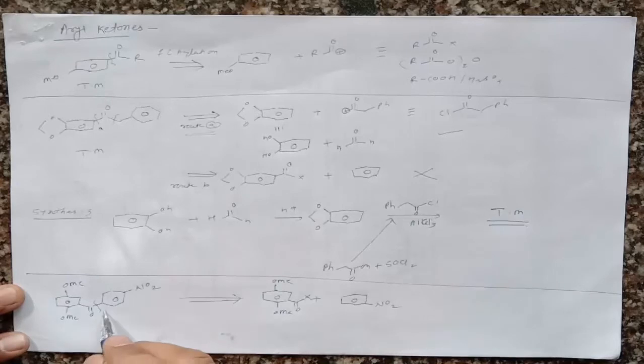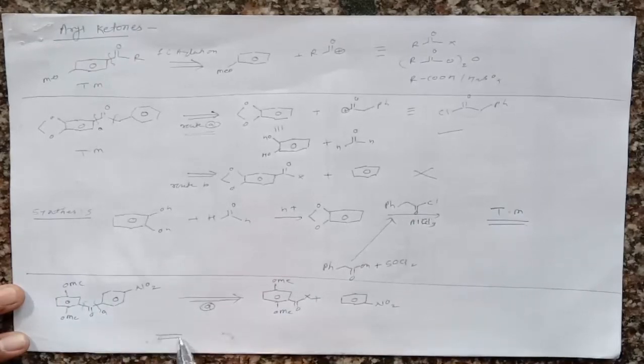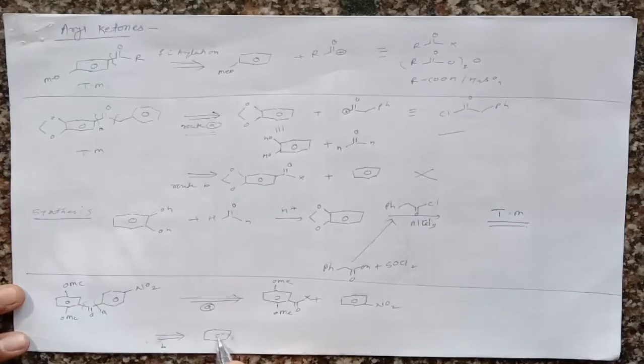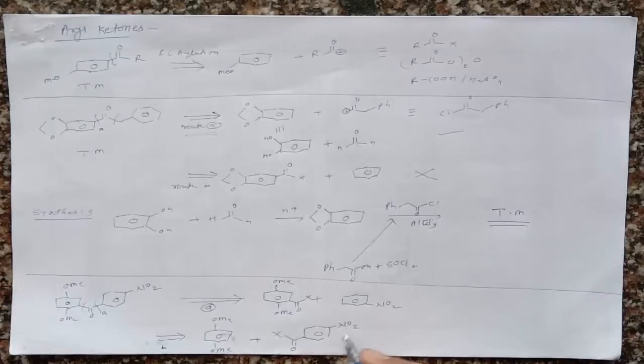Then if we break this molecule at the B position, so this is route A, suppose we break the molecule at the route B position, it gives formation of a compound that is OMe, and this OMe along with it gives formation of X, then C double bond O and the benzene ring containing a nitro functional group at the para position, right? So such type of two disconnections are there.